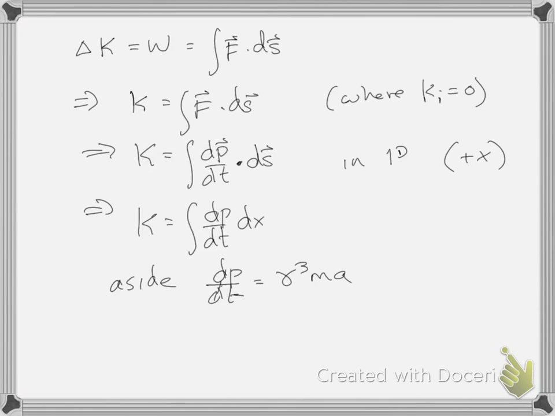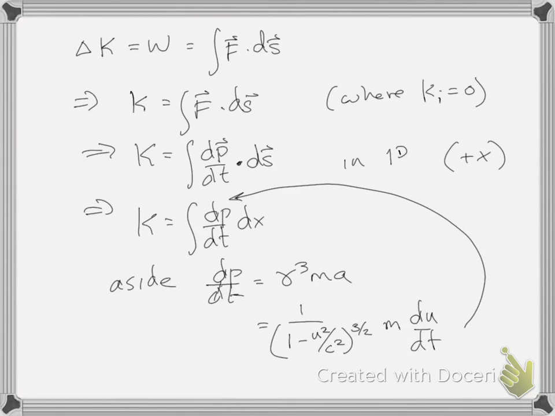I'm going to rewrite that for the sake of being able to do this integral, in terms of u: 1 over (1 minus u squared over c squared) to the 3/2, that's gamma cubed, times m du/dt. So now I've written dp/dt in terms of u, and I'm going to plug that back into the kinetic energy formula.